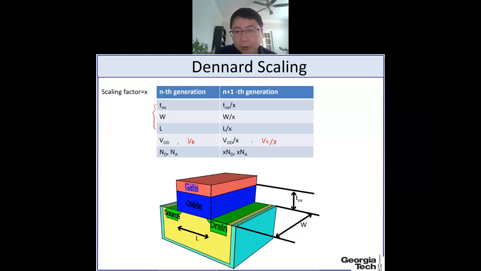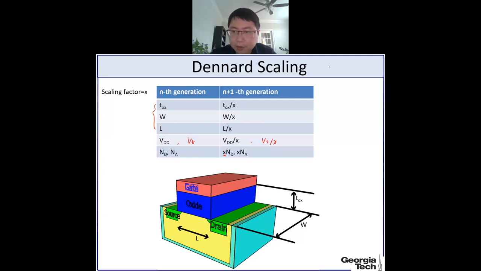So this may not be a good assumption. We will see it later, but let's assume it for now. So the density will increase by x for the doping. Okay, so this is the assumption. And then we're going to talk about that in more detail.